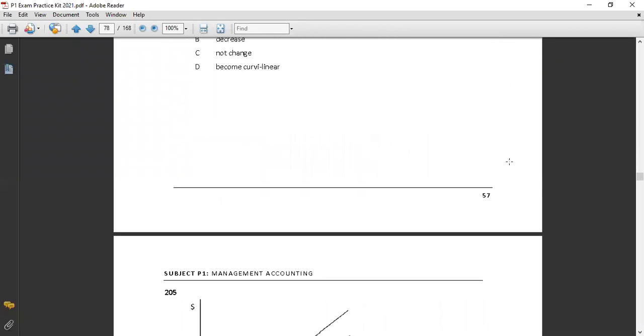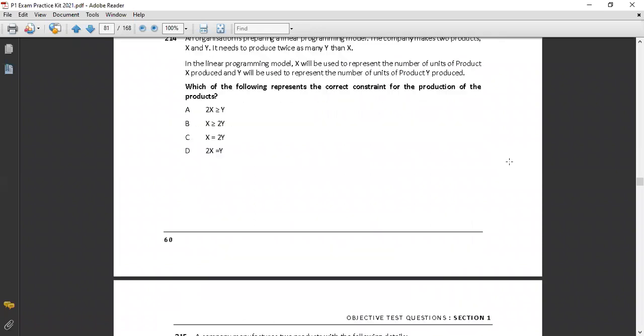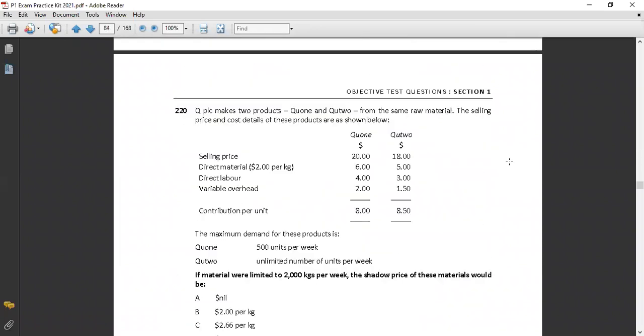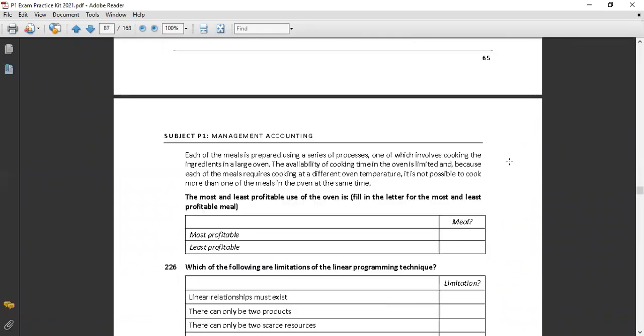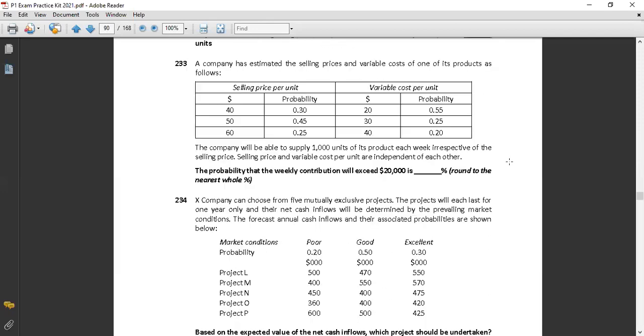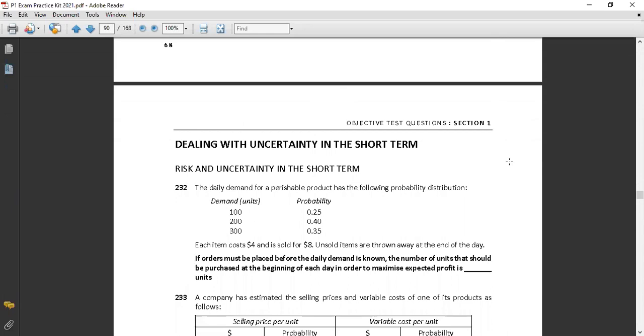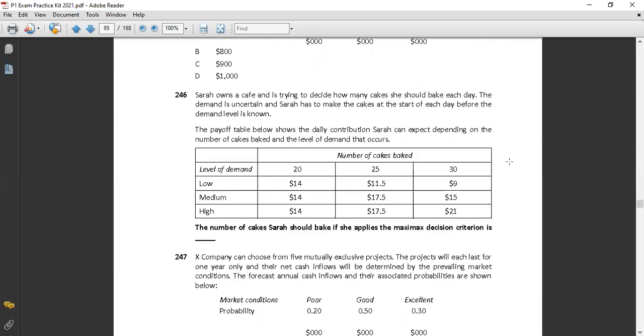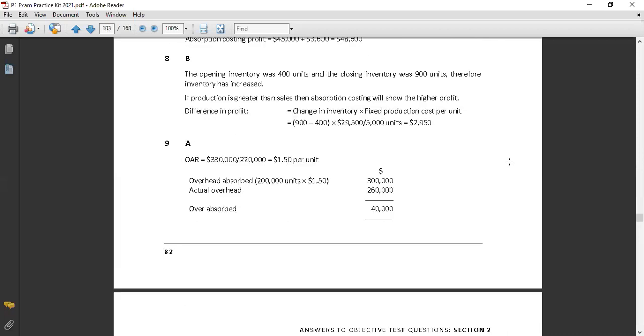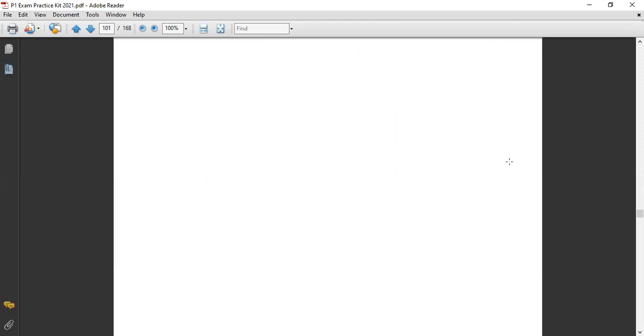Break-even analysis is another one. Then a part of linear programming is there. I don't know how much you would understand. The last topic would be risk and uncertainty in the short term. So if this is taken up, the numericals would be done.